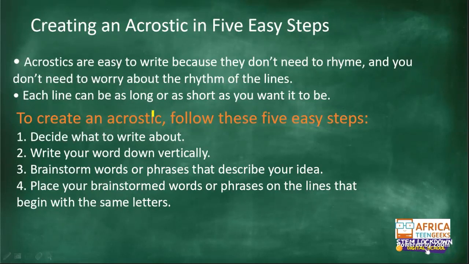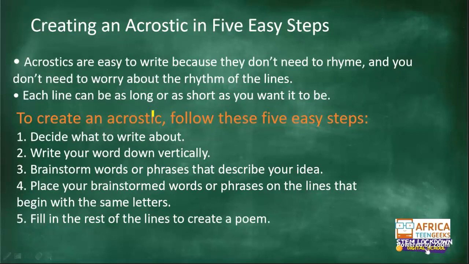And step number 5, then you fill in the rest of the lines to create a poem. Remember the lines that were still open that you couldn't find words for, you could maybe, like I said, use words like "or," "and," or "in," like he did. So don't worry if you can't find words for every letter immediately.